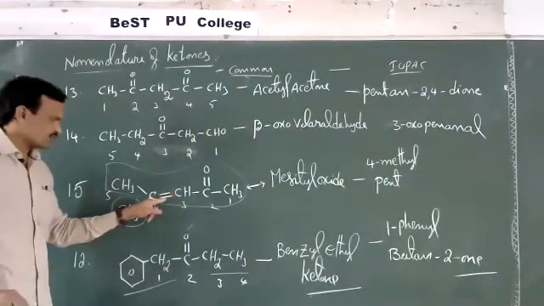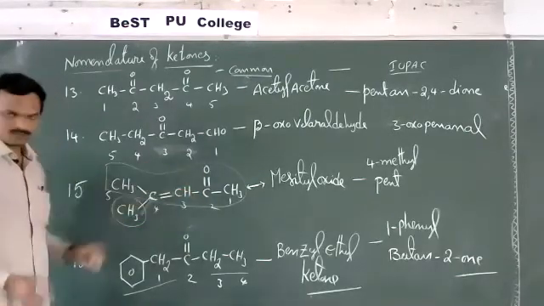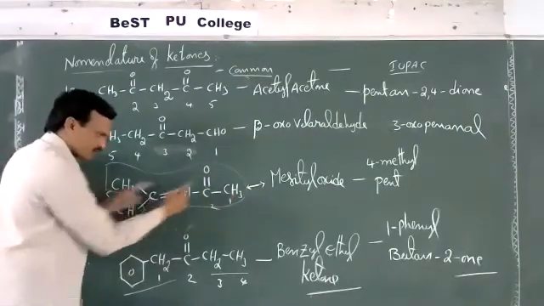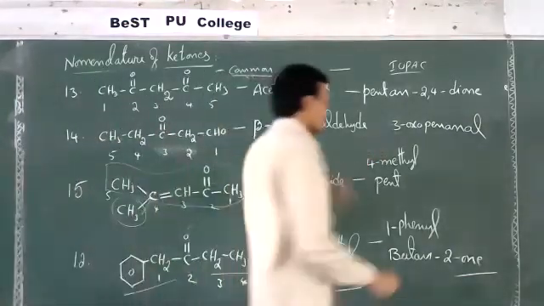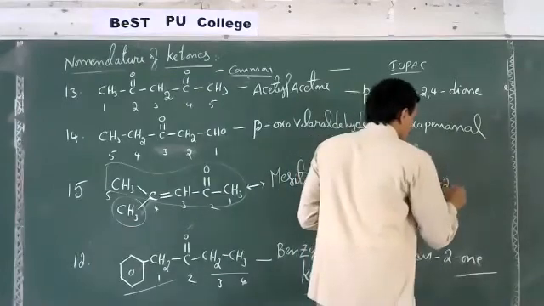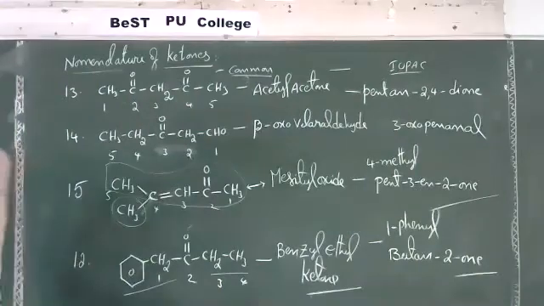So 3 ene. At second carbon, keto group is there. 2 one. See once again: 4 methyl pent 3 ene 2 one. 4 methyl pent 3 ene 2 one. Yeah, this is the nomenclature of these compounds.